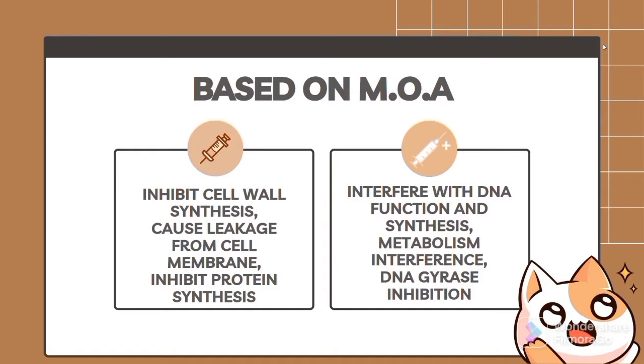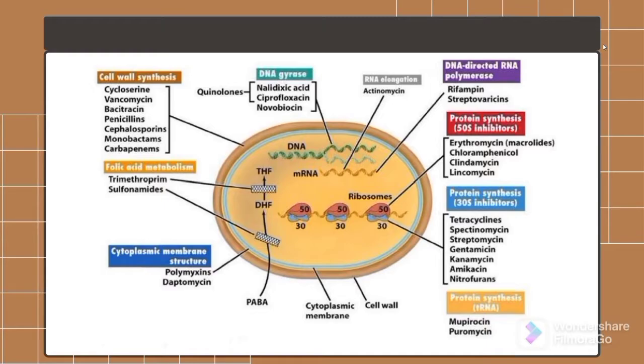In terms of their mechanism of action, there are some classes that are included. They range from drugs that inhibit cell wall synthesis: penicillin, cephalosporin, cycloserine, vancomycin, and bacitracin. Drugs that cause leakage from cell membranes, which include the polypeptides and the polyenes. Drugs that inhibit protein synthesis like tetracyclines, chloramphenicol, and erythromycins.